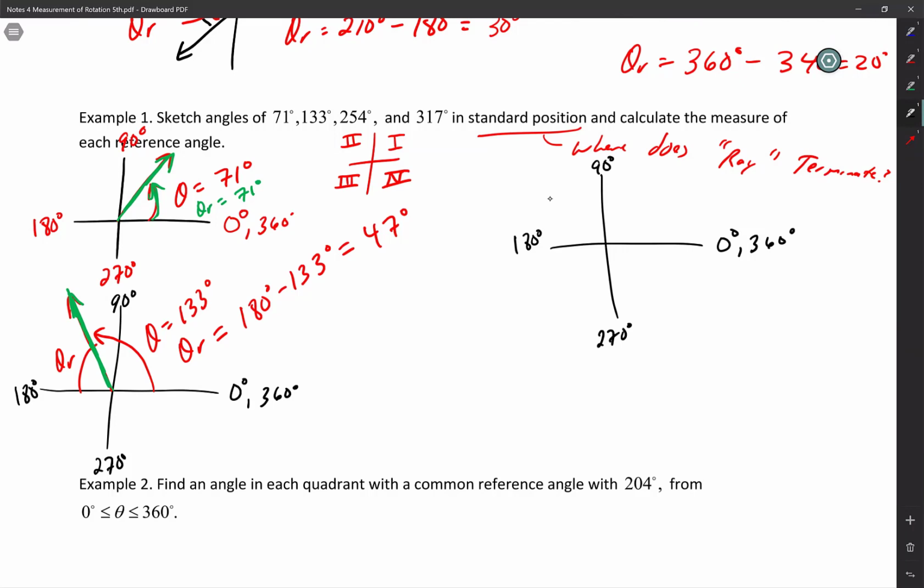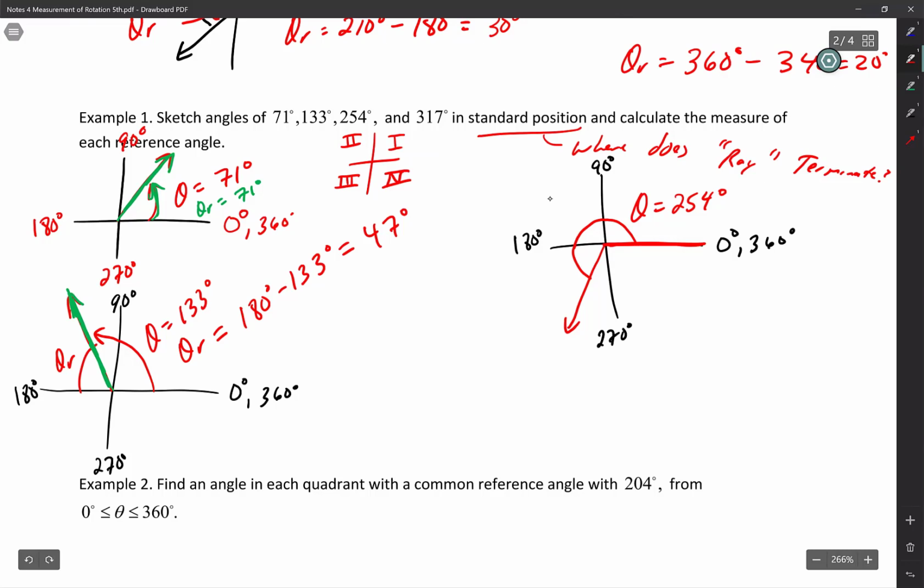Perfect. So here we go. I'm starting at my positive x-axis. You always start there, guys. And I'm going 90, 180, and then all the way to 254. That's going to put me in quadrant 3. Somewhere like right there. That is 254 degrees.